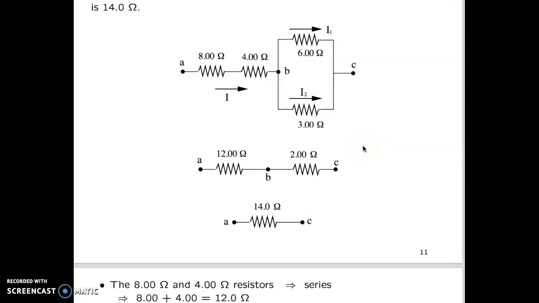You might want to look in your textbook on page 473, example 25.3. It's basically the same problem, different numbers. They actually show the resistors connected to a battery in that example. Okay, and they go through the same kind of steps that we went through here.